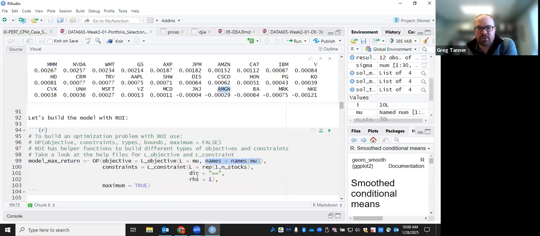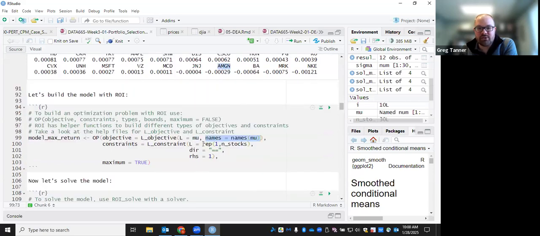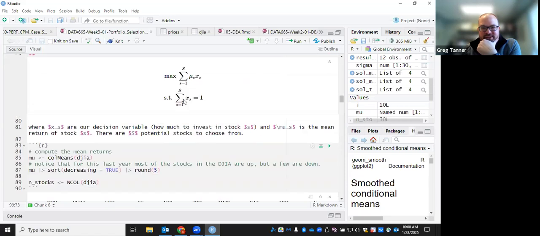that mu vector. For our linear constraint, we need to give it a vector, or actually we can give it a matrix, but in this case, we only got one constraint, so a one-row matrix. And that one-row matrix, if we think about this constraint, just has 1 in front of each of these x's. And so we just need a matrix that's 1 row and is made up of all 1s, and it should have number of columns equal to the number of stocks that we have.